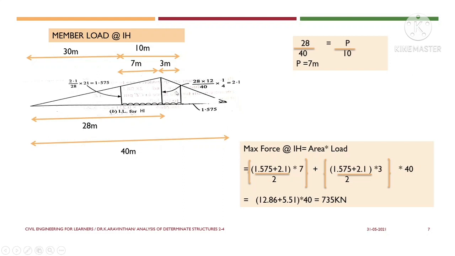And for the remaining area, A is 2.1 and B is 1.575, divided by 2, into the distance which is now 3 meter. So you will be getting the area by using this, and if you multiply into the load, and the load of the UDL is 40 kilonewton per meter, after multiplying you will be getting 735 kilonewton. So this is the maximum load which will be acting in the member IH.